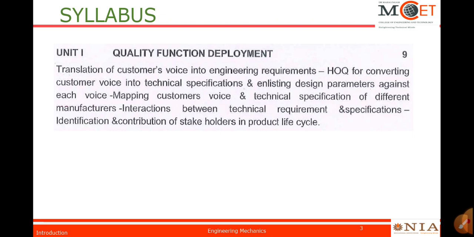So the raw customer data is converted into technical data, like the battery cells, type of motor, how much kilowatt we have, and what the curb weight is. So these all come in Unit 1.